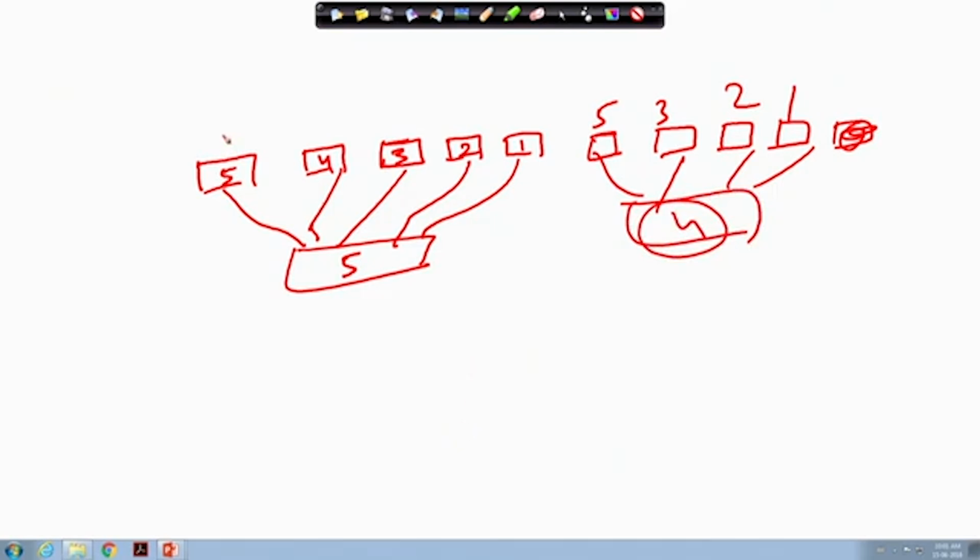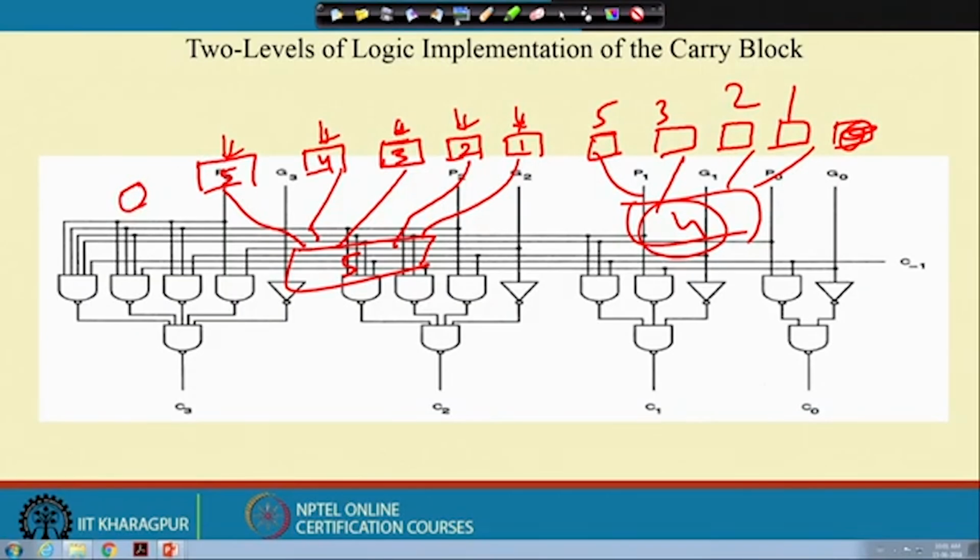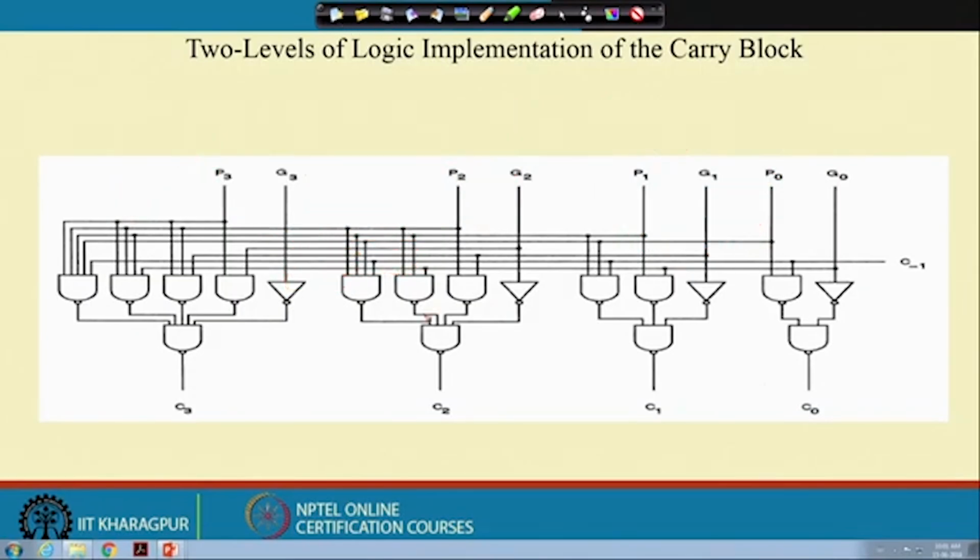That means it has 5 inputs, 4 inputs, 3 inputs, 2 inputs, and 1 input. Then again whenever we are considering this, the levels are 2 only, that means 1 and 2.